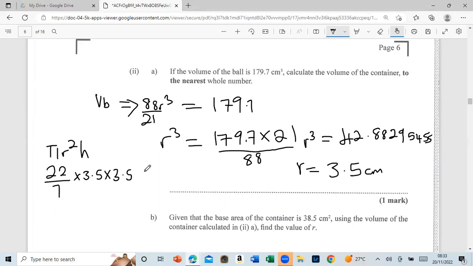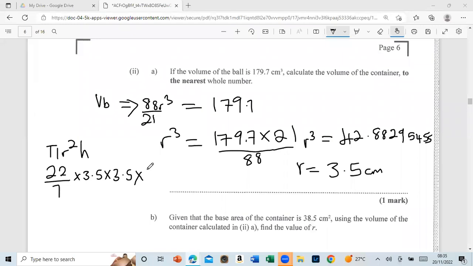And the height, what was the height? The height was 4r. Alright, so that's 4r, so 4 times 3.5. So we're going to plug in all of this in the calculator.